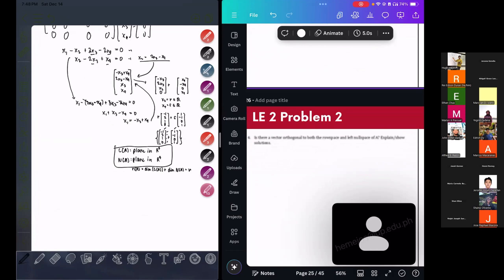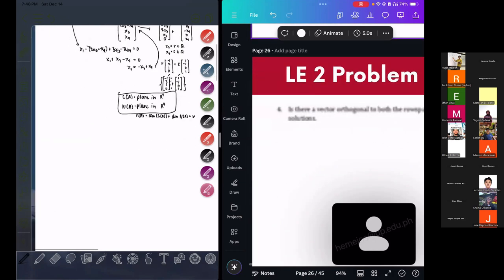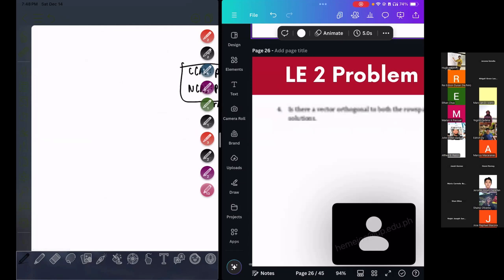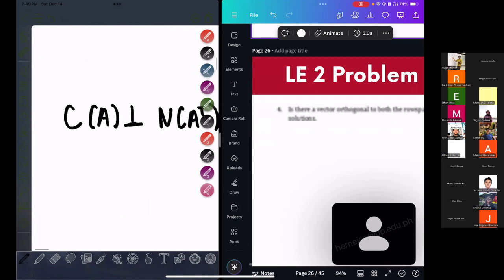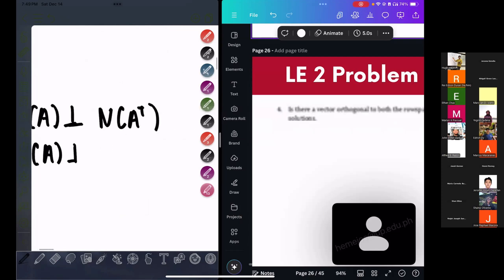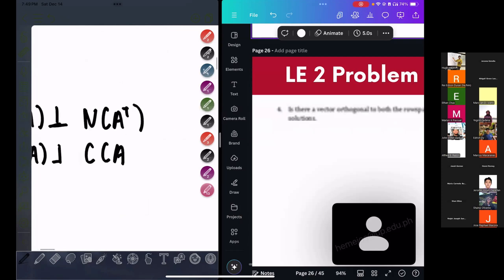You don't have to solve for the left null space or the row space, because as we've established kanina, the column space is orthogonal to the left null space, and the null space is orthogonal to the row space.